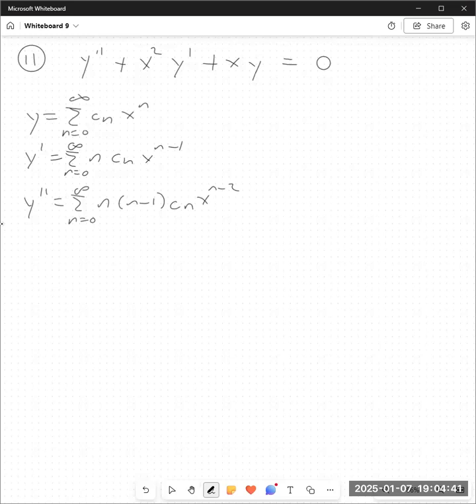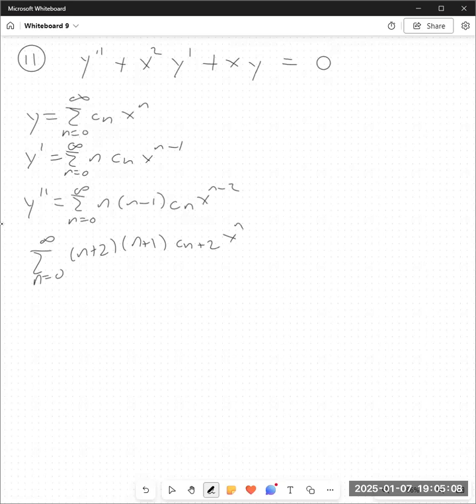I can't really do anything about this one, so I'm going to make it start like I normally would, at n equals 0 to infinity, n plus 2, n plus 1, c sub n plus 2, x to the n.